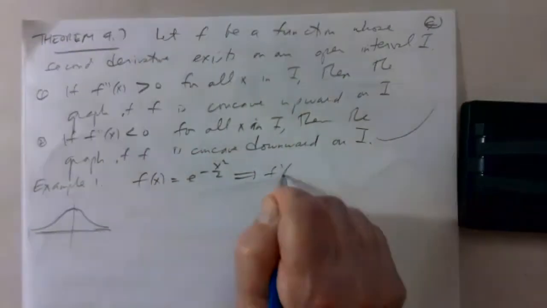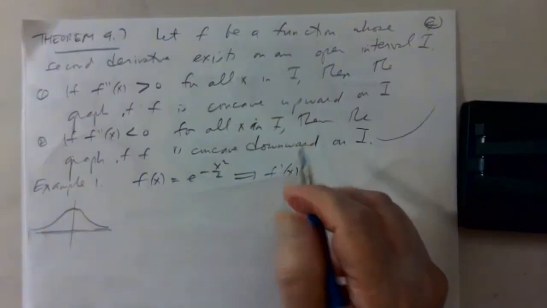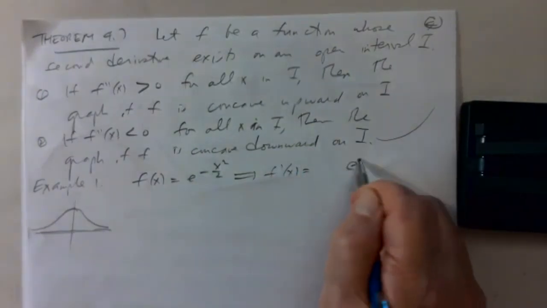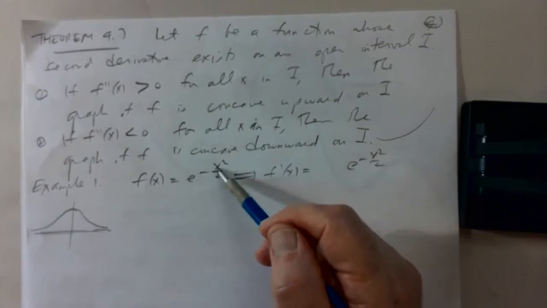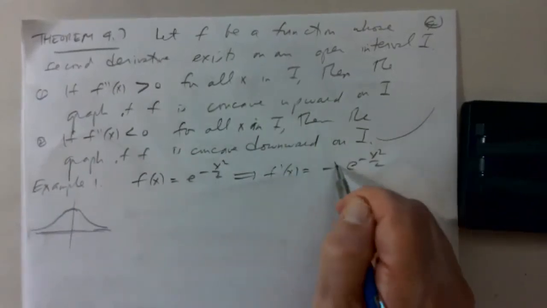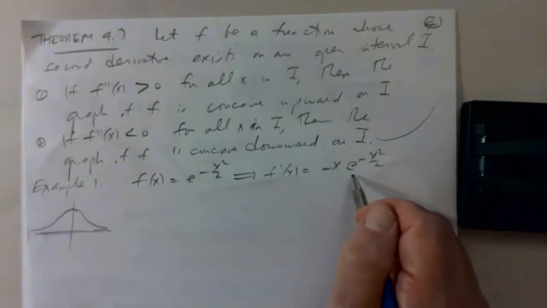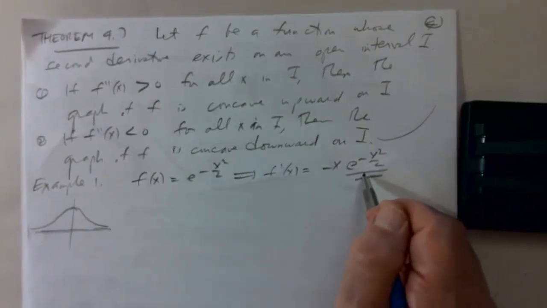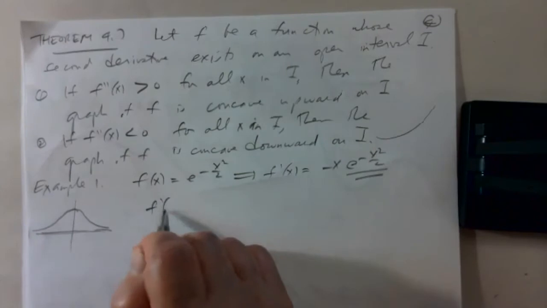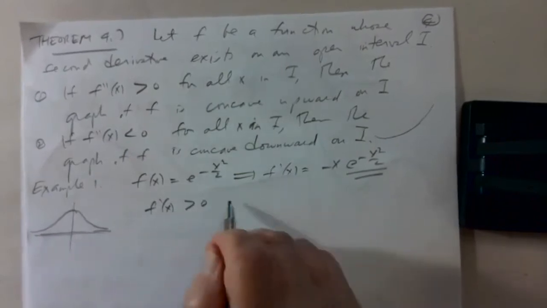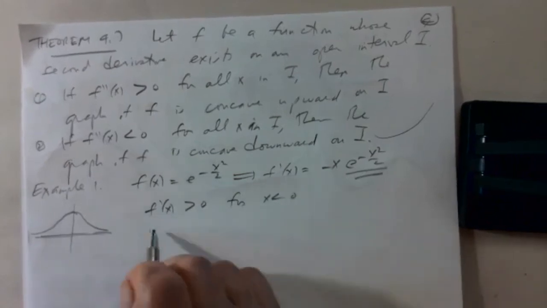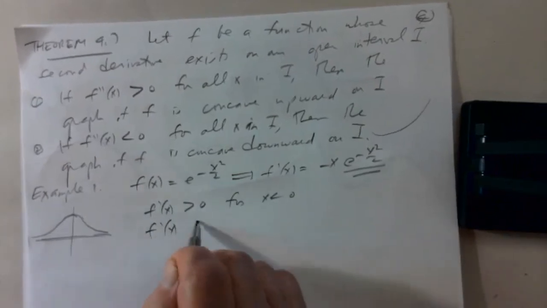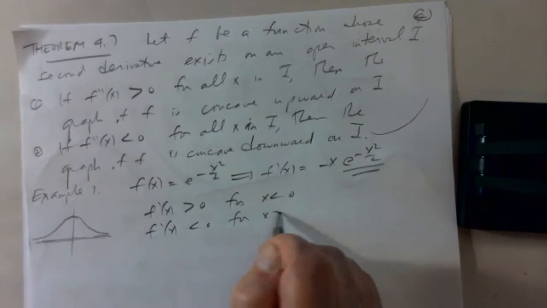So if we differentiate this, f prime of x is e to the minus x squared over 2 times the derivative of minus x squared over 2, which is minus x. Now, an exponential is always positive. So f prime of x is greater than 0 when minus x is greater than 0, or x is negative. f prime of x is less than 0 for x positive.